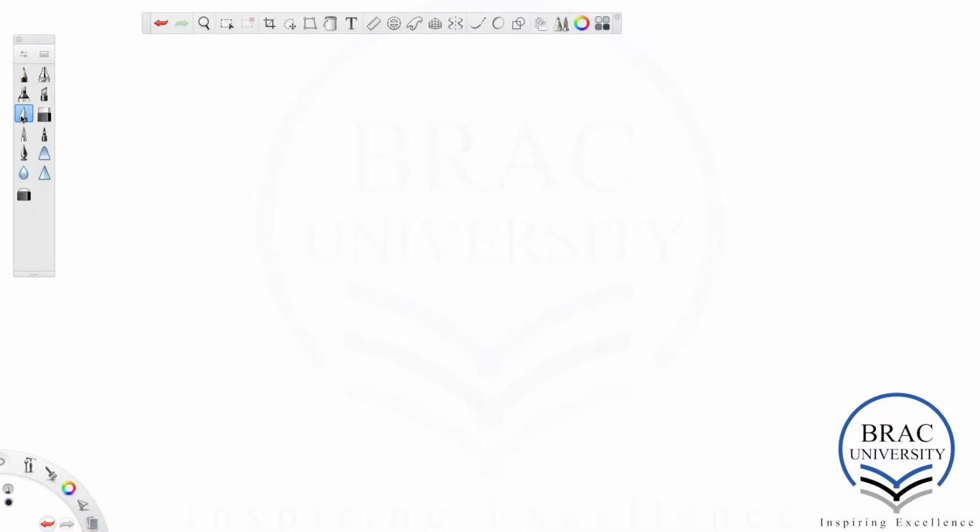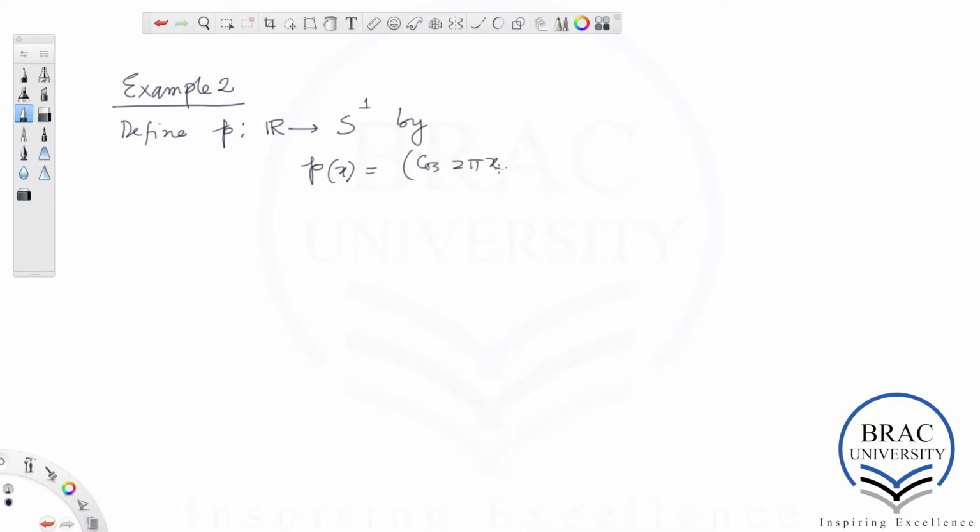So in this segment we are going to study the example of the following covering map. Define a map P from the real line to the unit circle by P of x is equal to (cosine 2 pi x, sine 2 pi x).